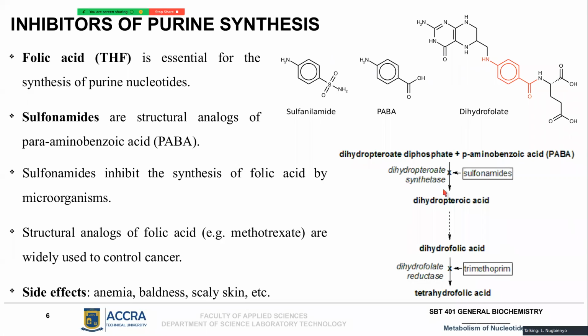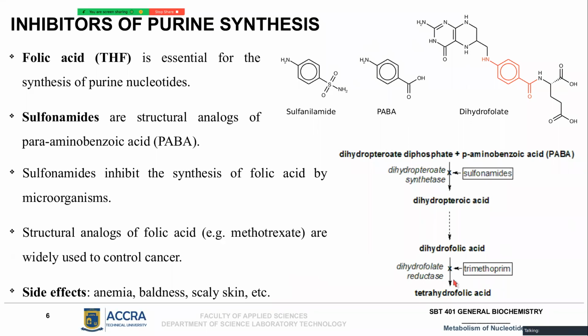Now, another structural analog is methotrexate, which is a common drug used in the treatment of cancers. This drug also has an effect on the synthesis of folic acid.